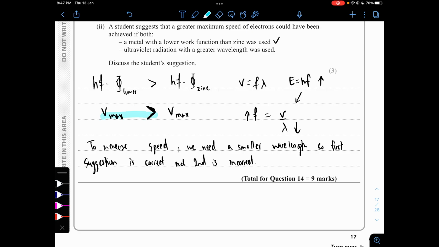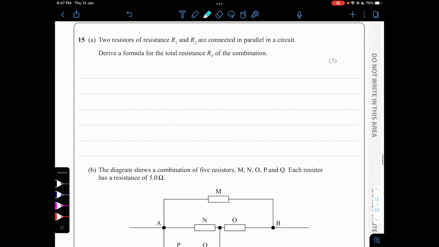We get 1 mark for saying we get a greater Vmax here, the Vmax of the lower work function. 1 mark for saying we need a smaller wavelength to increase speed, and saying that the first is correct and the second is wrong. Alright, let's move on to question number 15. Two resistors R1 and R2 connected in parallel in a circuit.